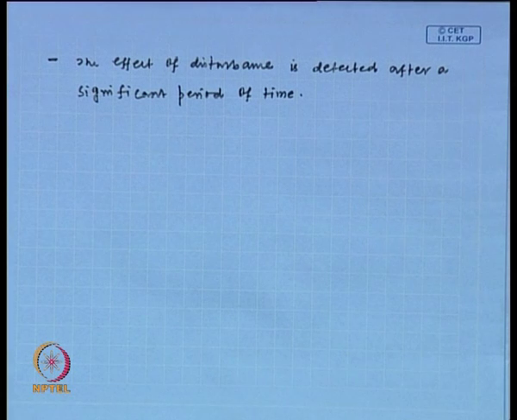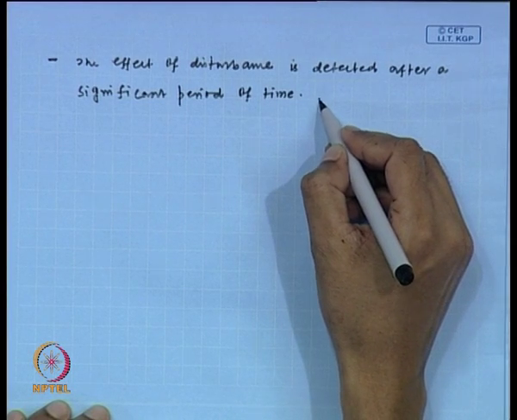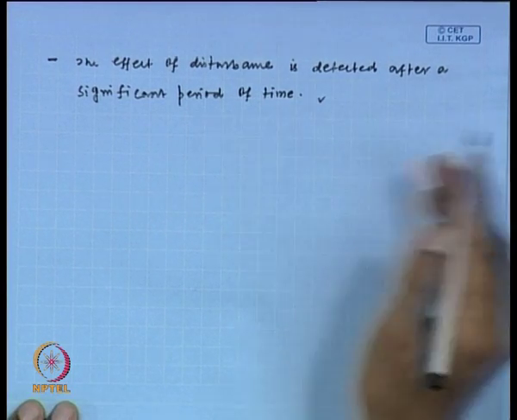Why does the controller provide unsatisfactory performance? We are discussing the reasons. First reason is the effect of disturbance is detected after a significant period of time.